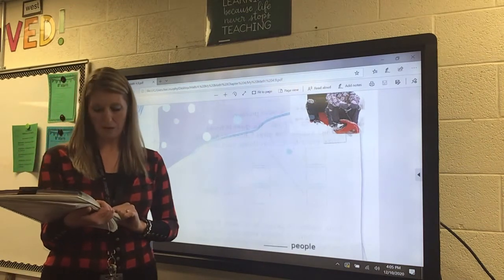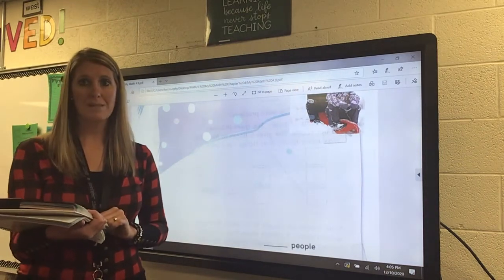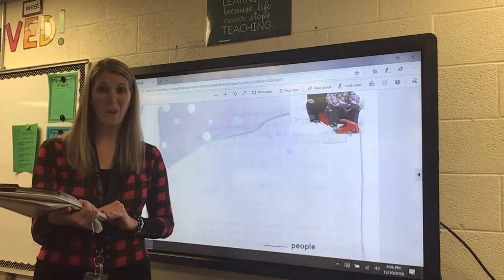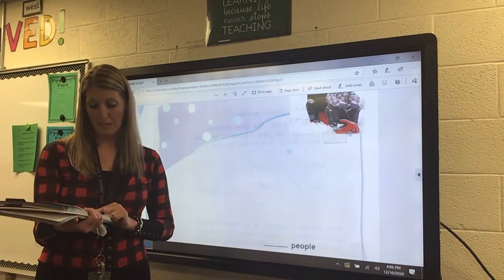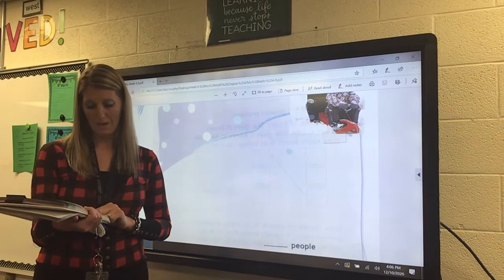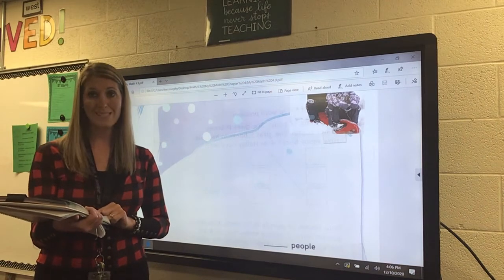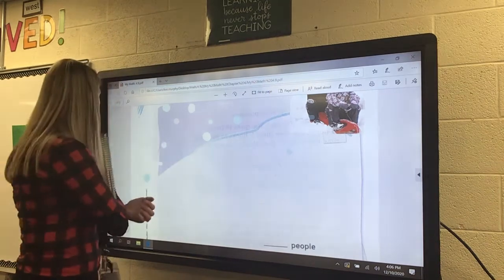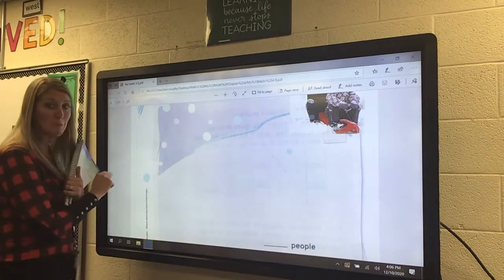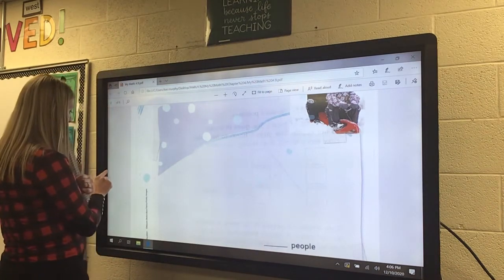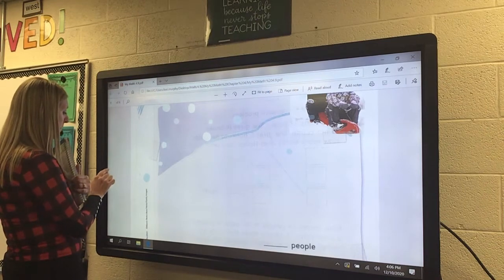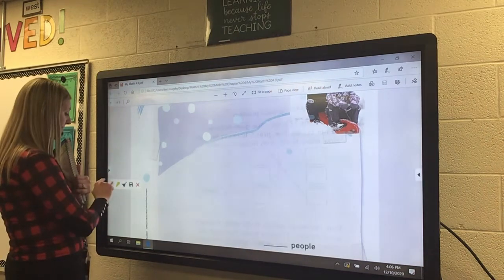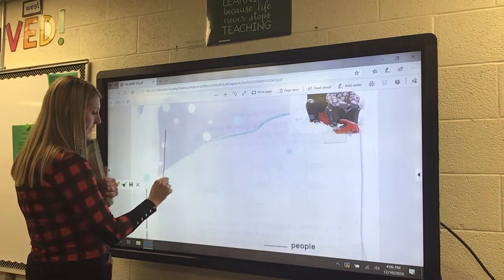On our word problem, it says we need to use base 10 blocks. So we're going to draw them to solve this problem. There are 62 people sledding. So that's the first thing we need to draw, 62 people sledding. And Mrs. Murphy is going to draw her base 10 blocks by starting with my sticks.